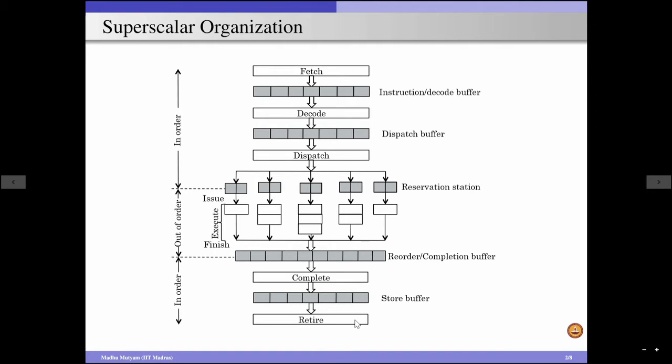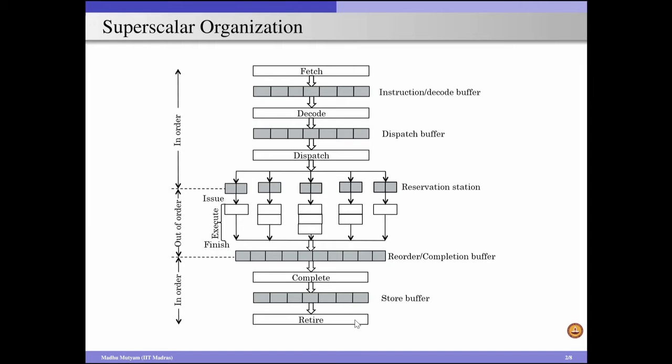We already know that for a store operation, if you are going to wait until the store writes to the memory, it is going to take a significant amount of time, and waiting for so long is going to degrade the performance.